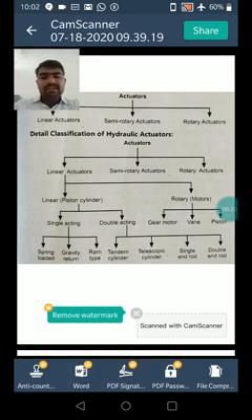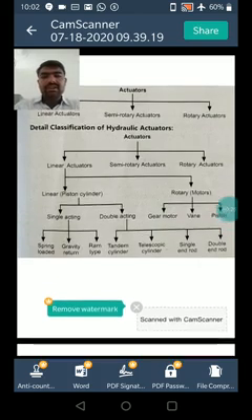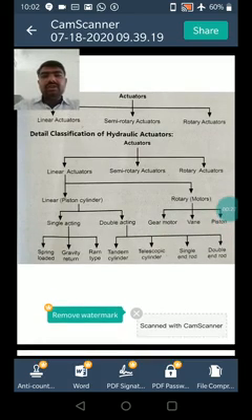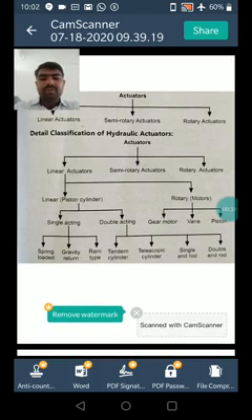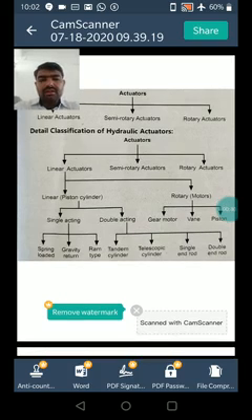In the classification of actuators, there are linear actuator, semi-rotary actuator and rotary actuator. In linear there is a linear or piston cylinder actuator or rotary motor actuator.